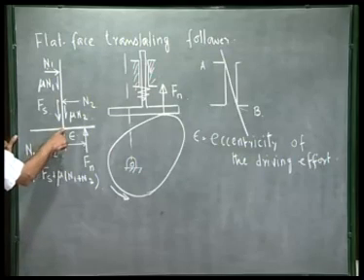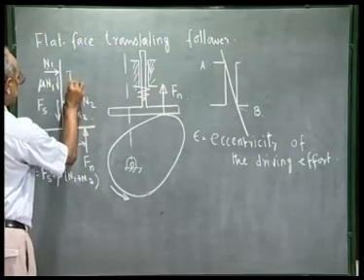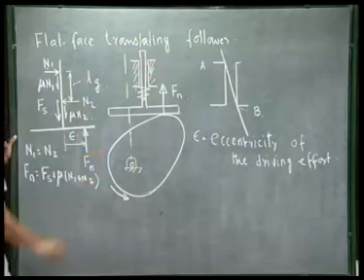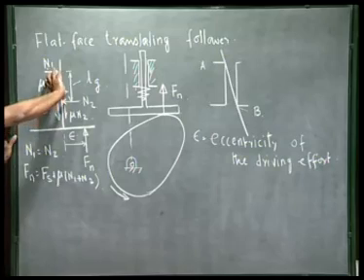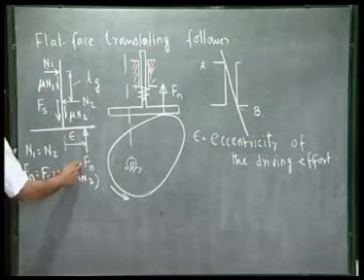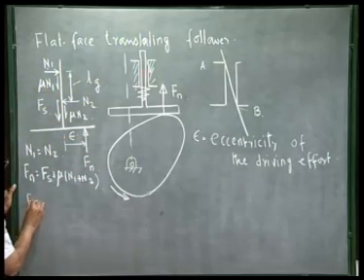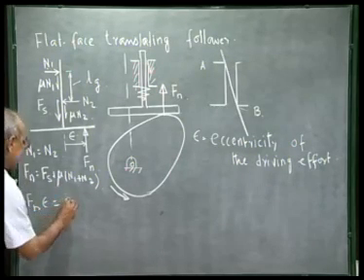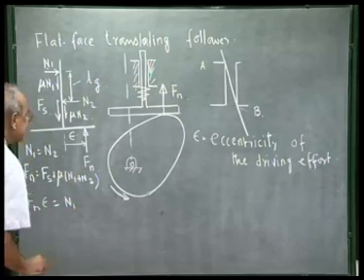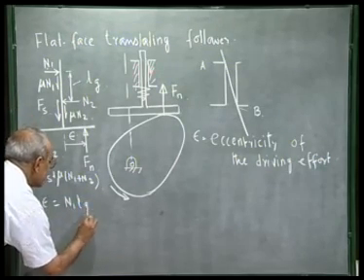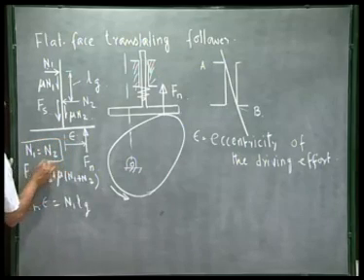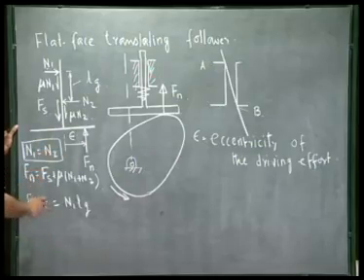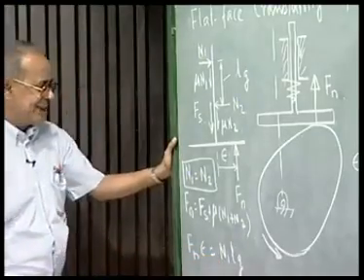So if I take moments about this point, and if I call this distance Lg, the length of the guide, as before, what we find is that the moment of Fn, that is Fn into epsilon, is balanced by N1 into Lg, because N1 is same as N2. These two forces are same, so they produce a pure couple of magnitude N1 into Lg.